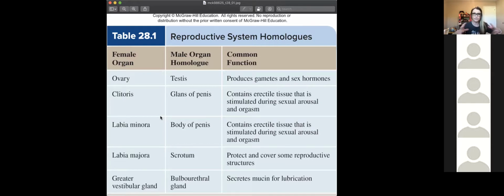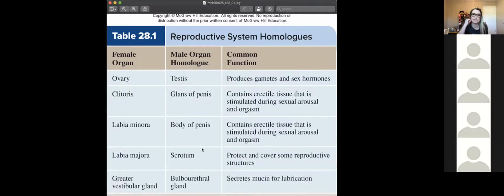And then there's another pair that has the same function, and that's the labia minora and body of penis. Again, these originated from the same cells during embryonic development, and they have the same function, but they do look very differently between males and females. These both contain erectile tissue, and this one is stimulating during sexual arousal and orgasm.